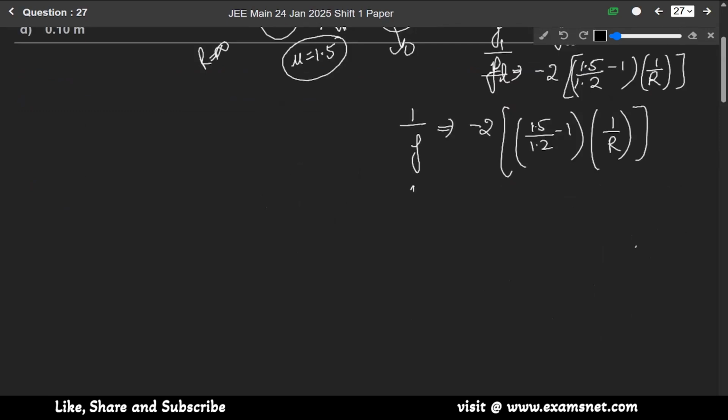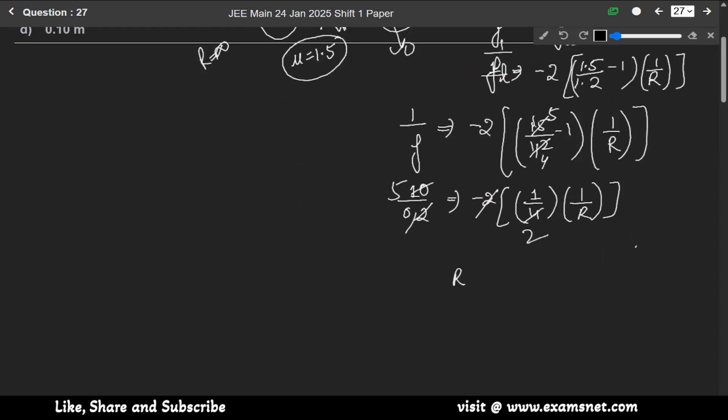So 1 over 0.2 will be equal to this minus 2 into, 3 4s are 12, 3 5s are 15, so it will be 1 by 4, into 1 over R. 2 2s are 4, 2 5s are 10. So R will be equal to 1 over 10, which means it will be equal to 0.1.